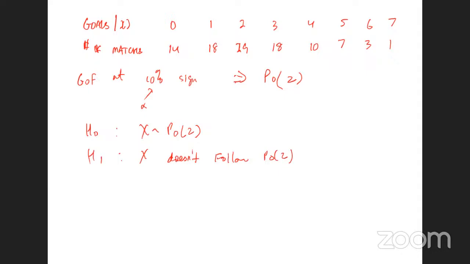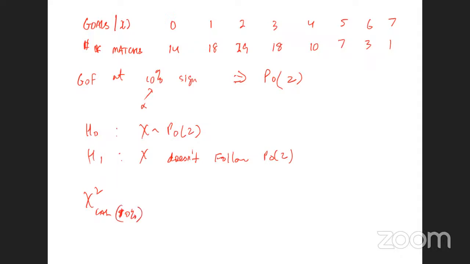So the first thing you do, you don't get a chi-squared critical value first. You'll get it after you set up the table. So the first thing that we need to do is get the chi-squared calculated value, at 10% significance.